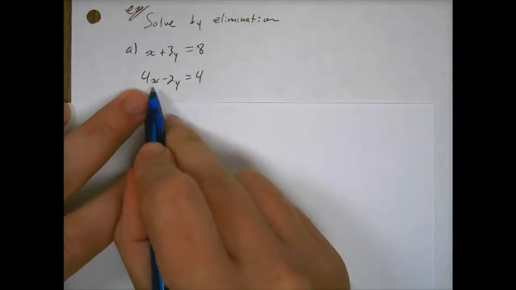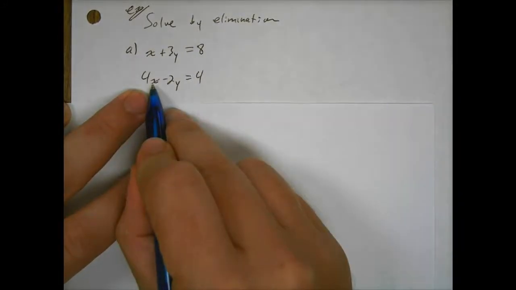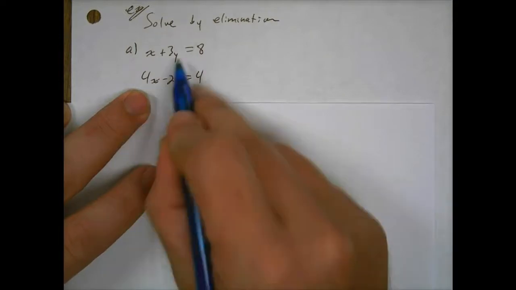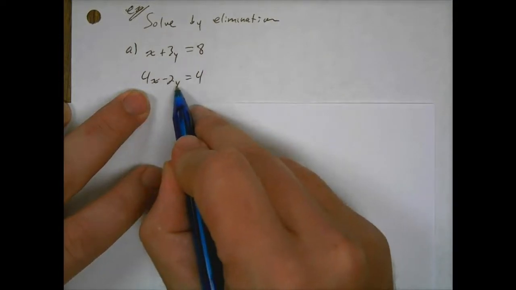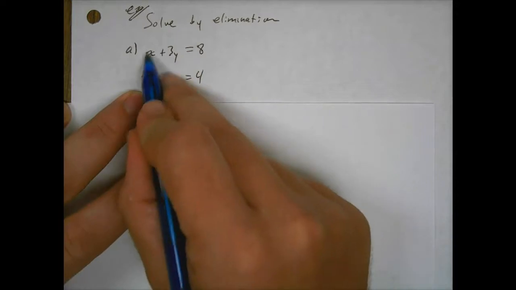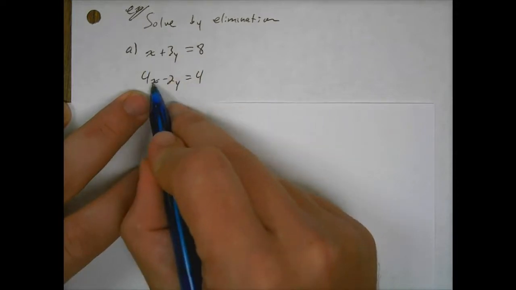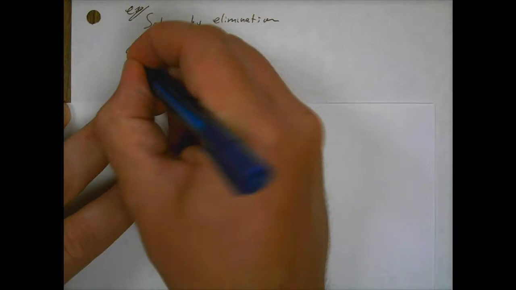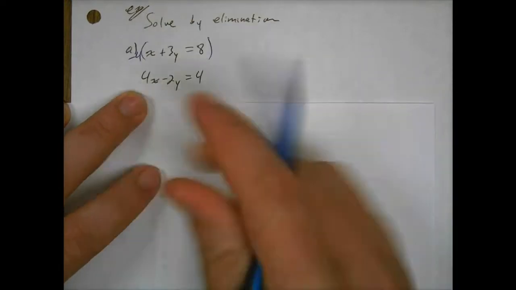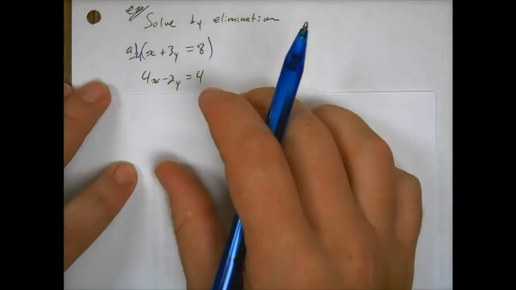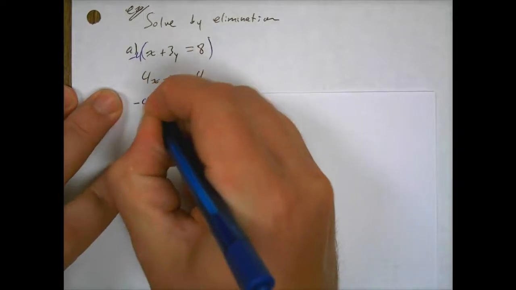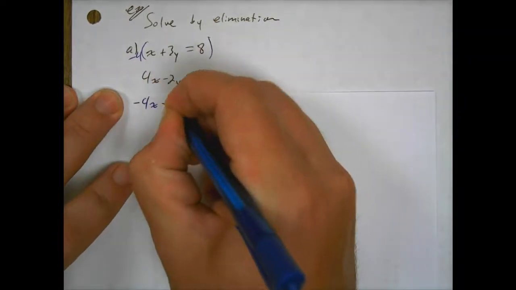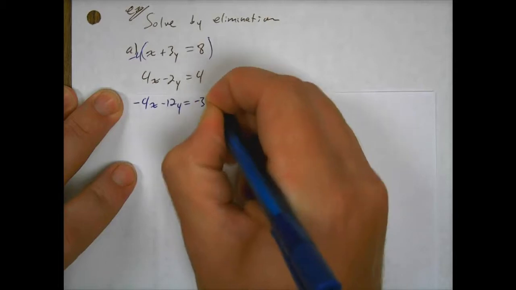So with elimination, you can either essentially eliminate the x's or eliminate the y's. It makes no difference which one you choose. In this case, I would think that eliminating the x's would be easier. So if I multiply this entire equation by negative 4, that will now create the equation negative 4x minus 12y equals negative 32.